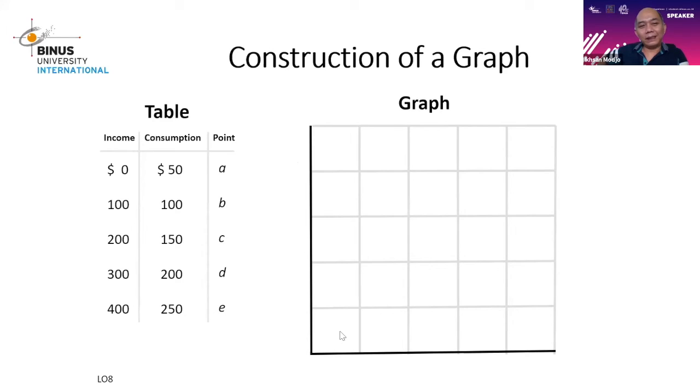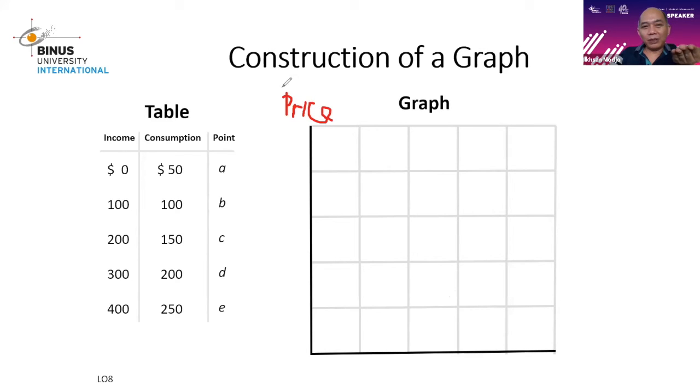standard in economics, ya. Jadi kebiasaan di dalam semua ilmu ekonomi itu, satu hal ini penting. Kalau dalam matematika bebas, kamu mau taruh variabel X di vertikal atau di horizontal sama aja. Tapi kalau dalam ekonomi, yang biasa dilakukan adalah menaruh variabel price di vertical.